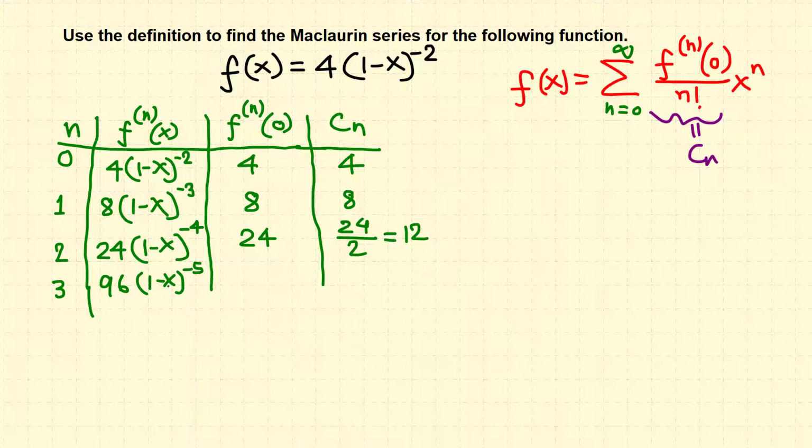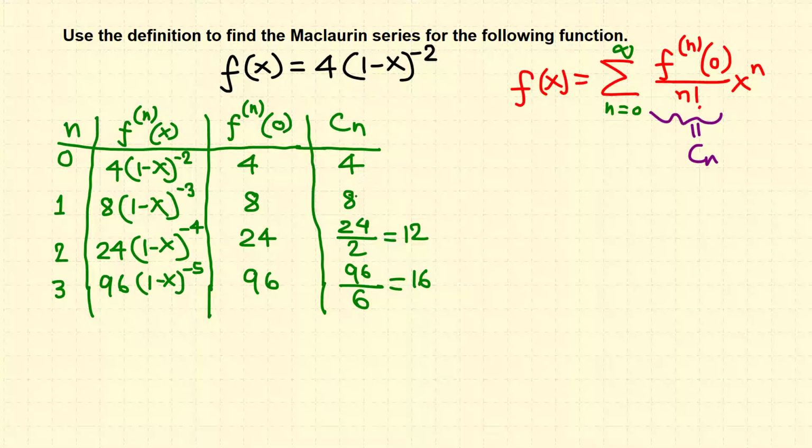Plug in 0, so the third derivative at 0 is 96. Now we get c3, so 96 divided by 3 factorial. 3 factorial is 3 times 2, 6. I divide, okay, 16. Maybe we have the pattern 4, 8, 12, 16.